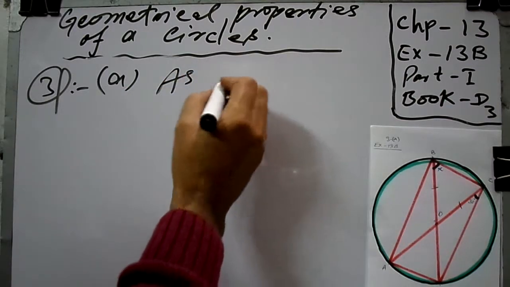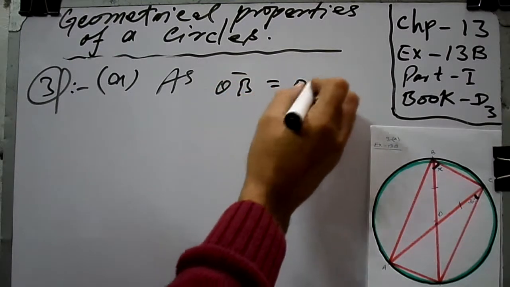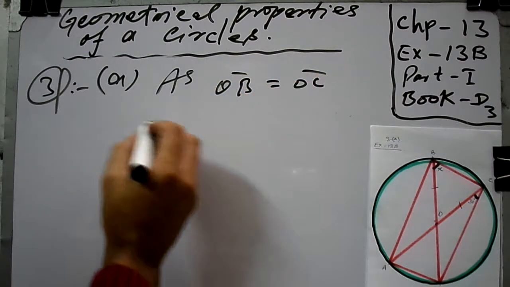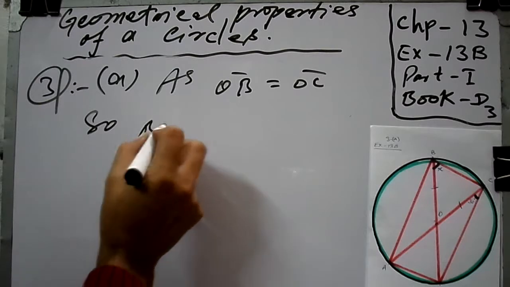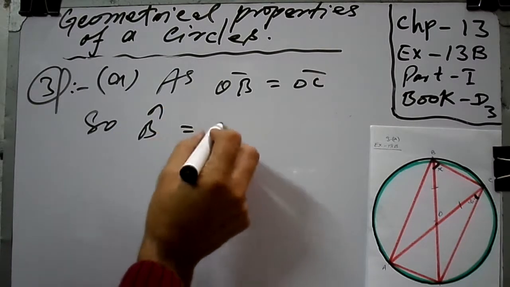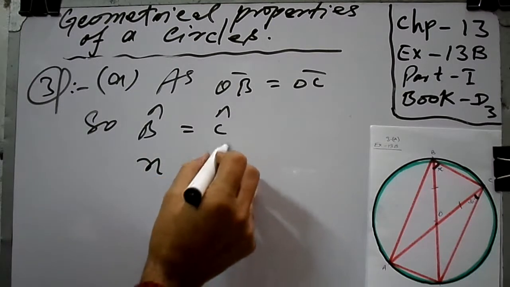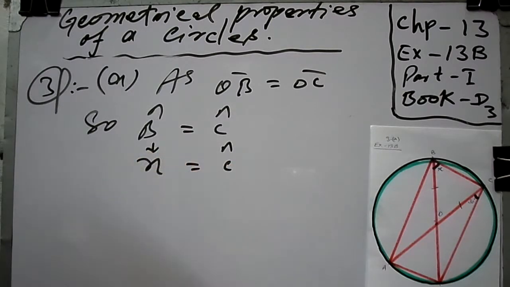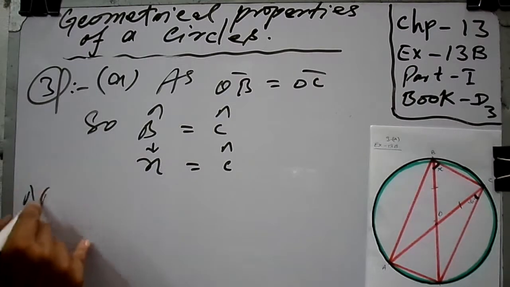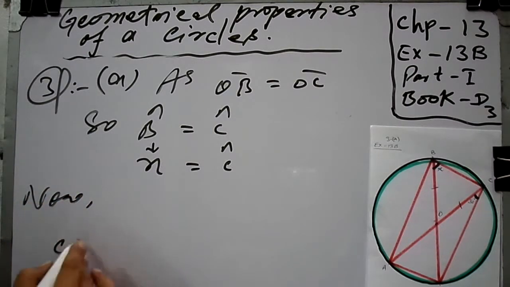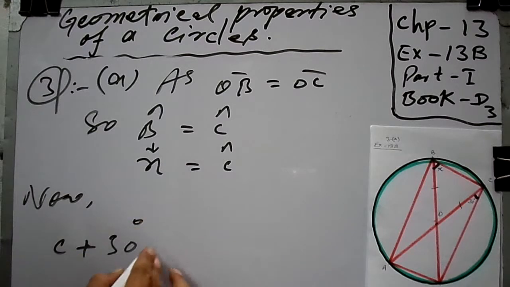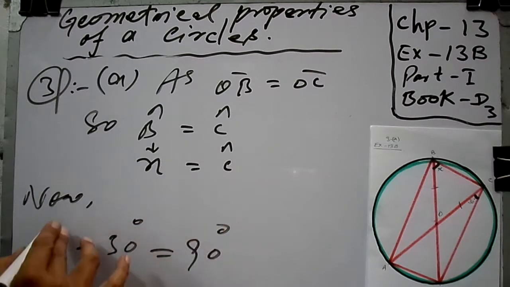As from the diagram it is clear that OB side is equal to OC. So angle B must be equal to the angle C, and angle x is equal to angle C. So the value of B is your x. Since you can see here, C plus 30 degree is equal to 90 degree.